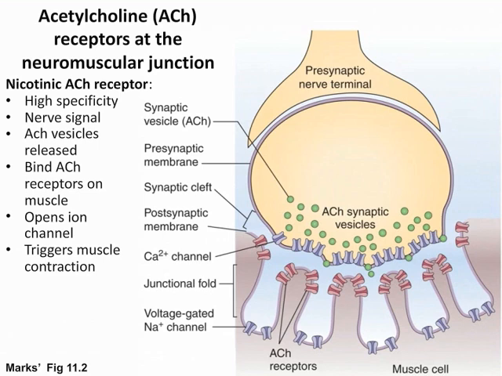As soon as those vesicles fuse to the presynaptic membrane, acetylcholine is released into the synaptic cleft, that blue area. Once acetylcholine is released, it can bind to its acetylcholine receptor. And once that occurs, you're going to have your muscle contraction. That's going to trigger another action potential, but on your muscle cell.